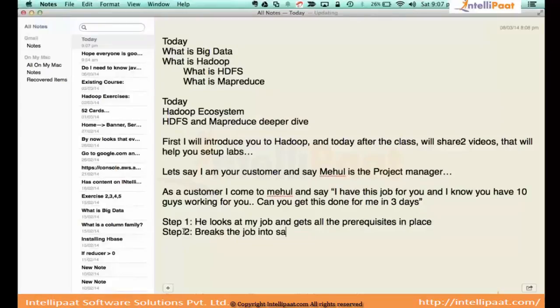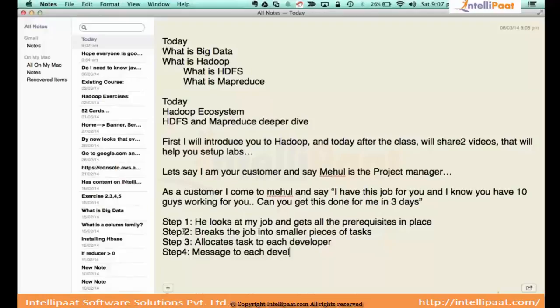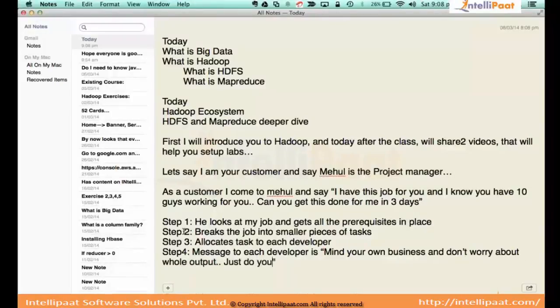Then he breaks the job into smaller pieces of tasks, and allocates tasks to each developer. The message to each developer is: mind your own business and don't worry about the whole output. Just do your thing and leave for the day.